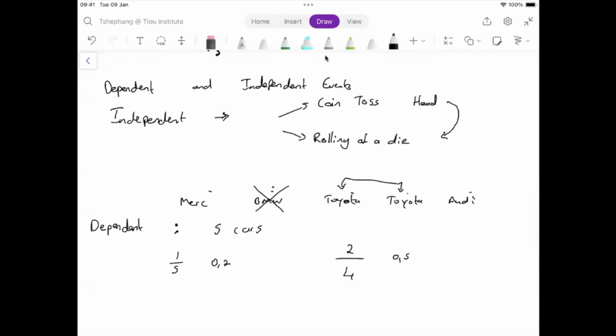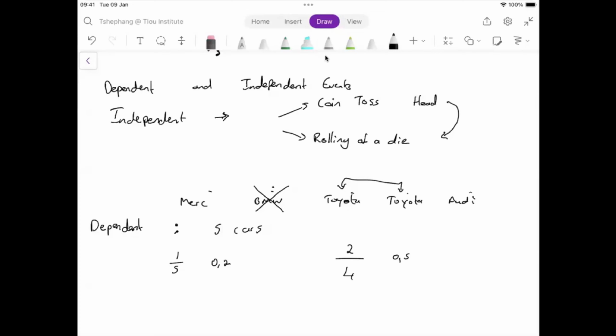Now, does us obtaining a heads or a tails affect the outcome that we're going to get on the die? No, it doesn't. It doesn't at all. We toss that coin, get a heads. Roll that die, the probability of getting an even number would still be 3 out of 6, no matter what the heads was.